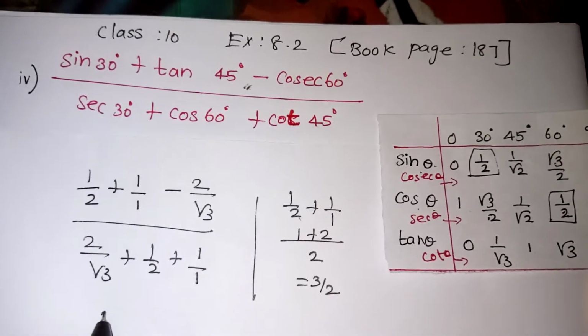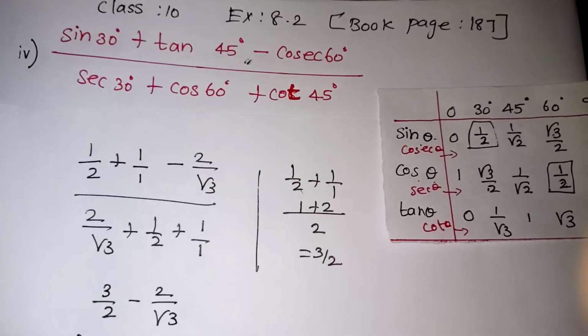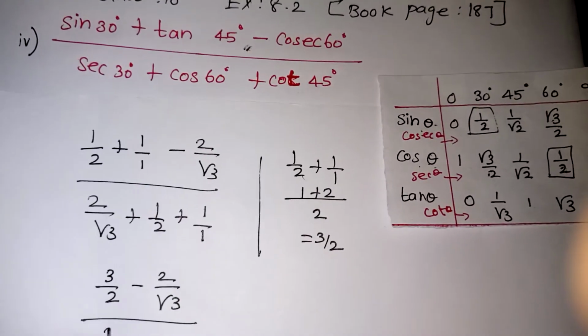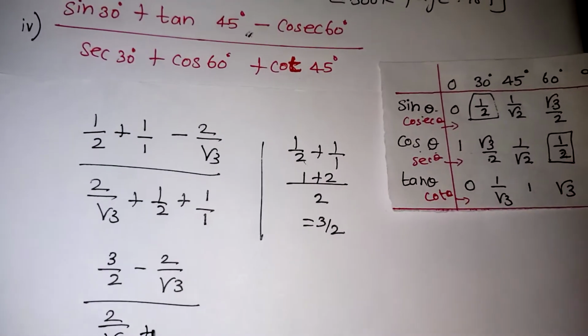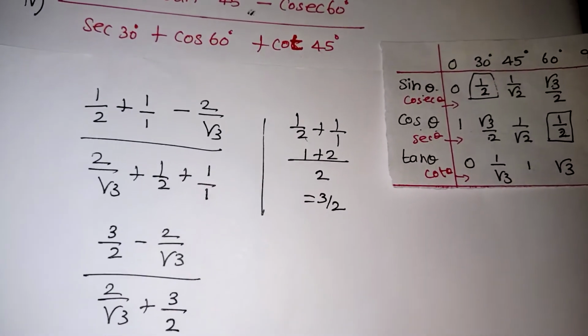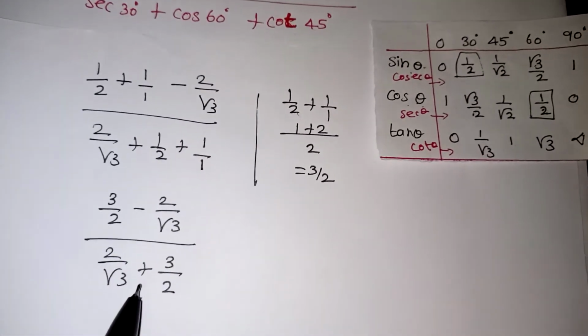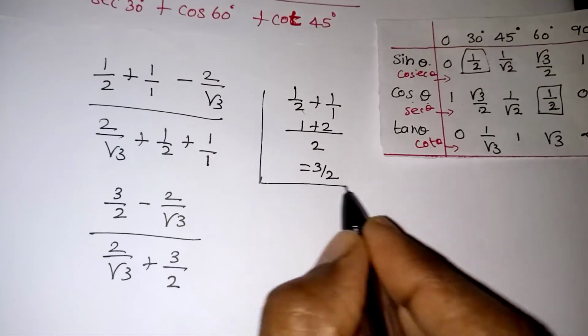We can write it 3 by 2 minus 2 by root 3 we are getting for the numerator. For denominator we are getting 2 by root 3 plus, if you are adding these two numbers, 3 by 2 is our answer. Just write it 3 by 2. Now here we can take the LCM for numerator and denominator now. So this is a rough column.